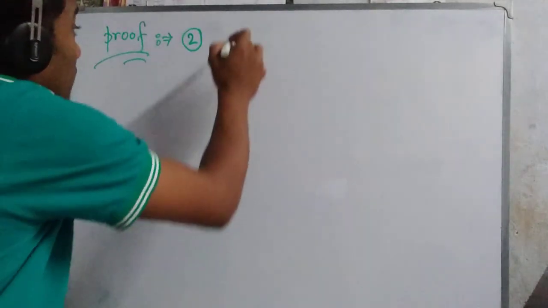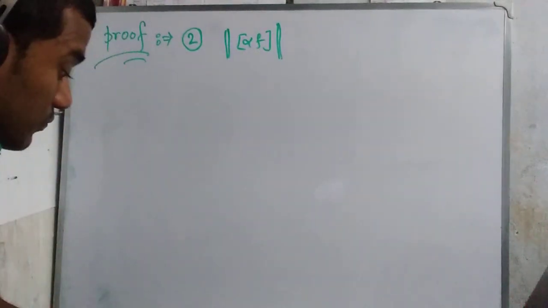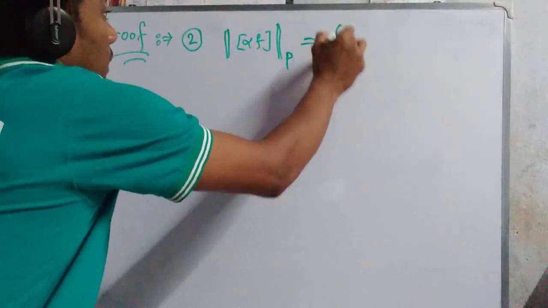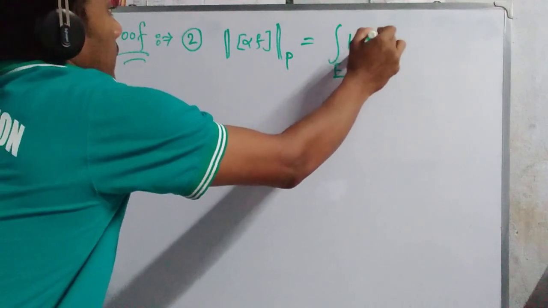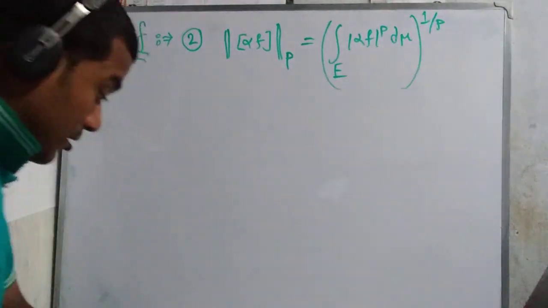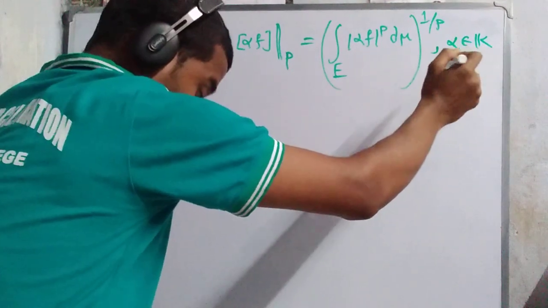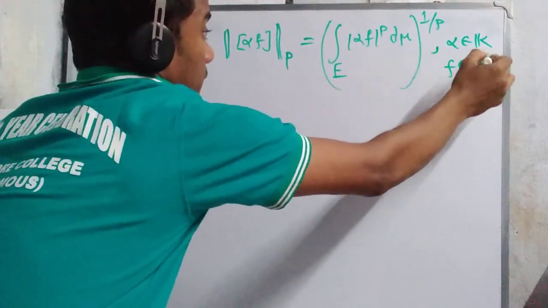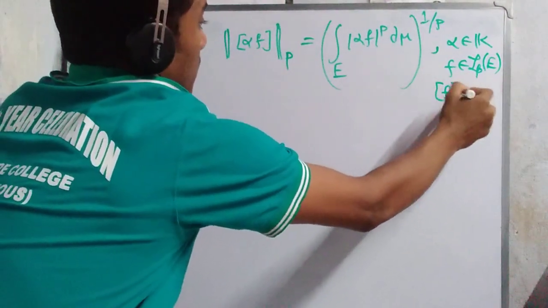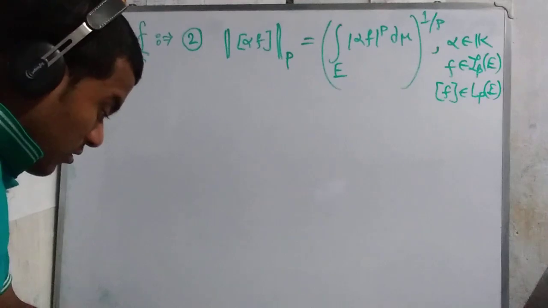Second thing, okay, norm of alpha f, the equivalence class of alpha f, with respect to norm p equal to what? Equal to the integration of alpha f whole to the power p d mu, whole to the power 1 by p, where alpha belongs to K and f belongs to L^p(E).